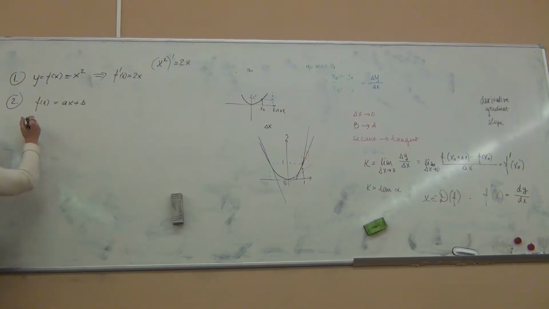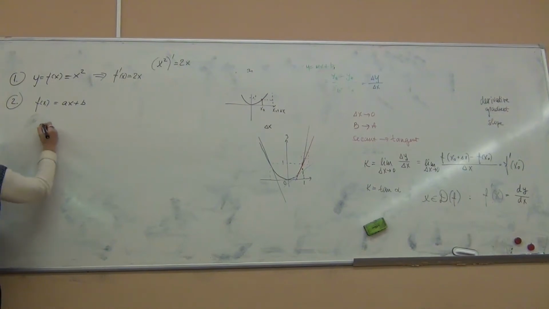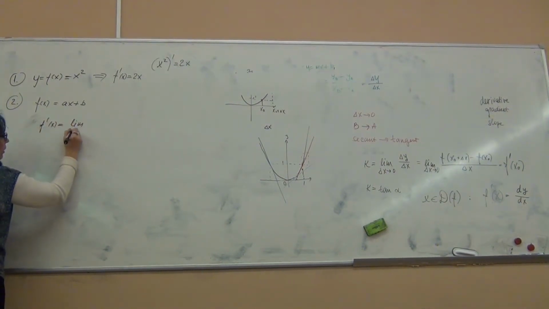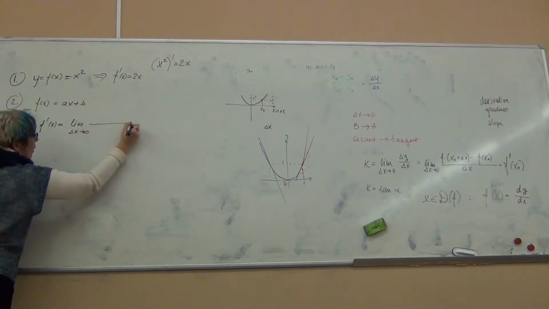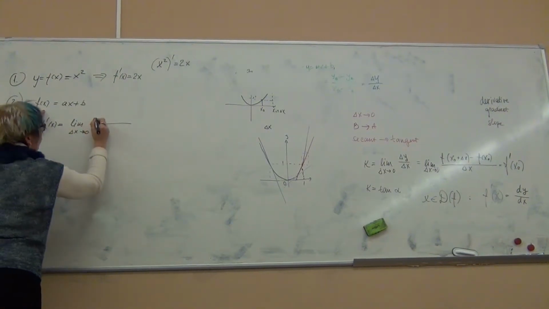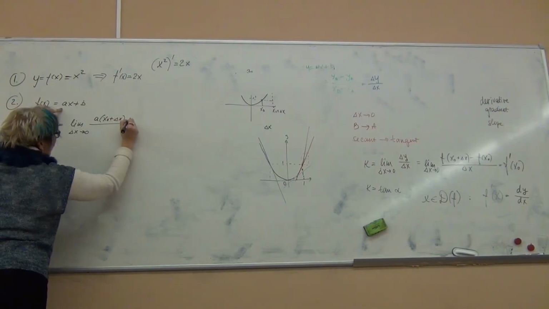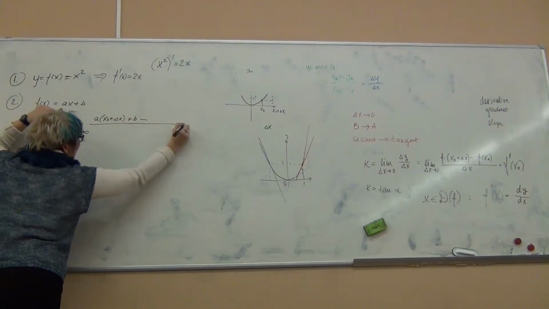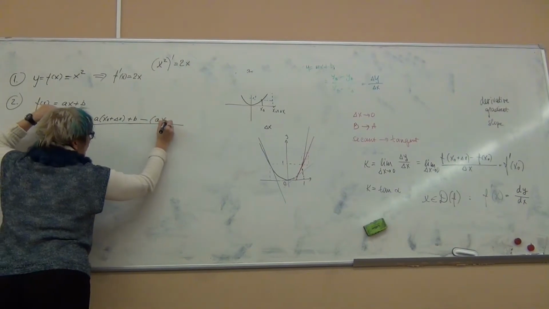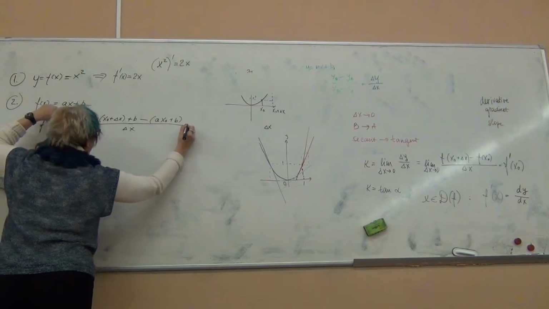Let's try. All right, let's write the limit. The derivative of f is the limit as delta x tends to 0 of f at the point x0 plus delta x, which will be a times x0 plus delta x plus b, minus the function value at the old point, which is simply ax0 plus b, divided by delta x.